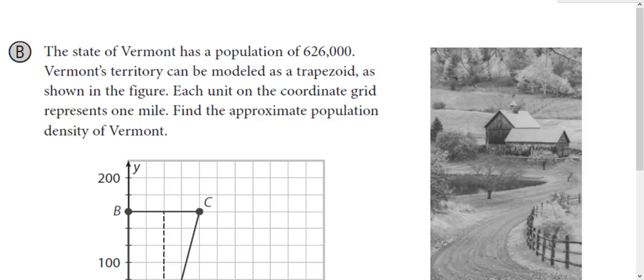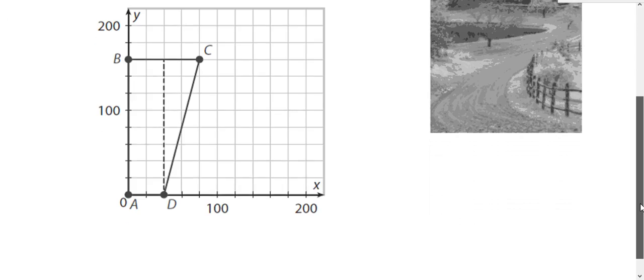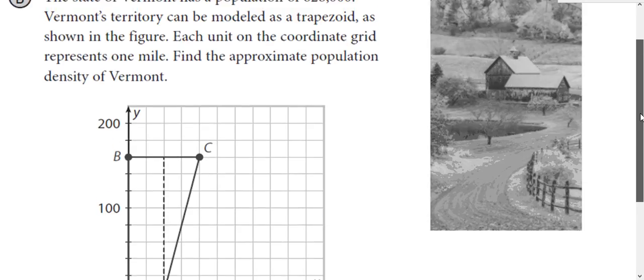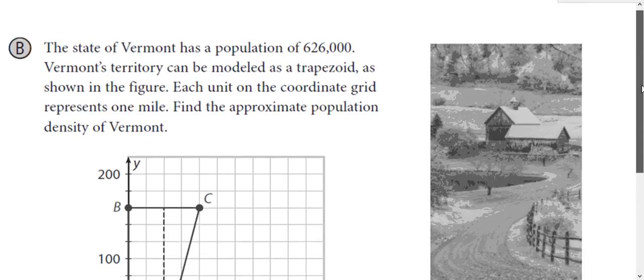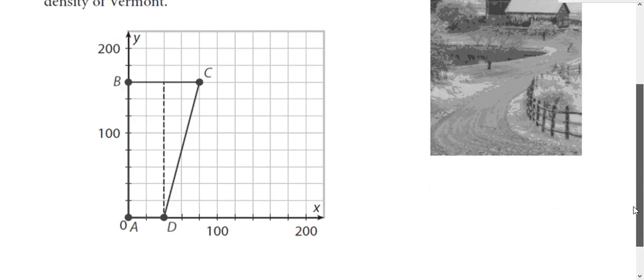Now for the entire state of Vermont, it says it can be modeled with a trapezoid. So they're not giving us the area, we have to actually calculate the area to approximate the population density of Vermont. It says each unit is 1 mile.